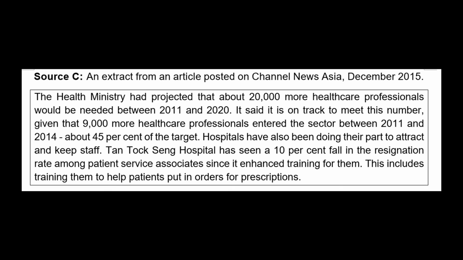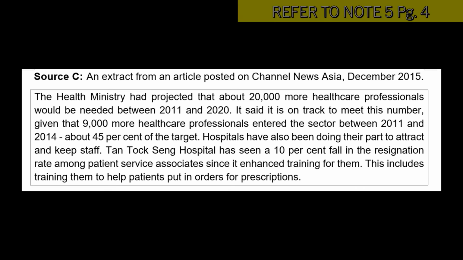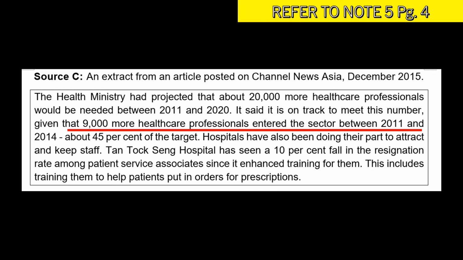Okay, so let's now go to source C. Refer to note 5, page 4. Source C is an article posted on Channel News Asia, and it says here that there's a need for about 20,000 more healthcare professionals. The health ministry is said to be on track.